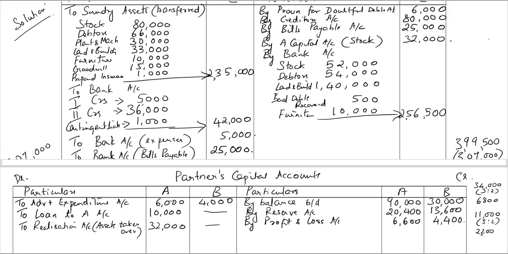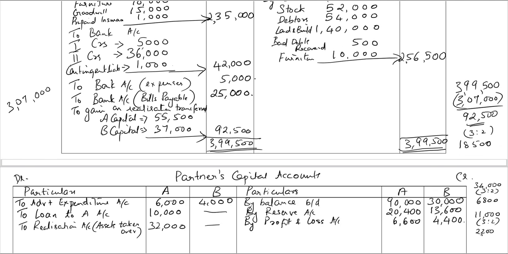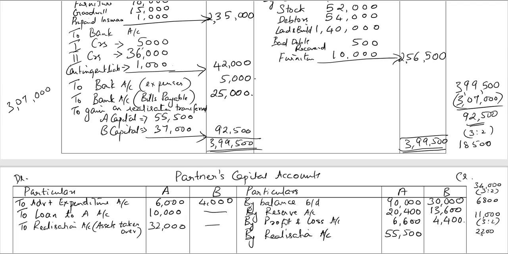There are no liabilities which have been taken over by any of the partners. We'll transfer the gain on realization by realization account. In the case of partner A, it's 55,500 rupees. And in the case of partner B, it's 37,000 rupees.